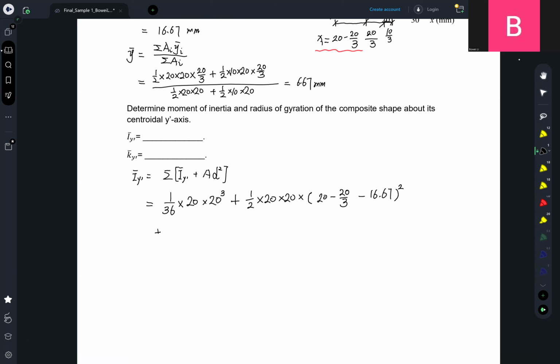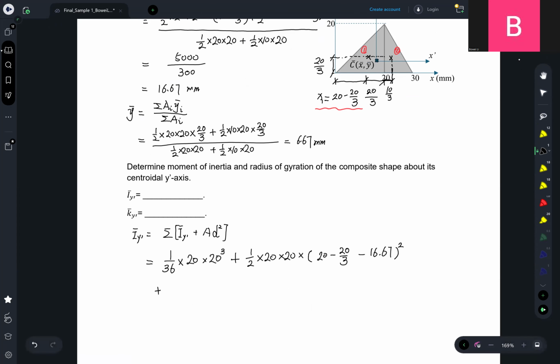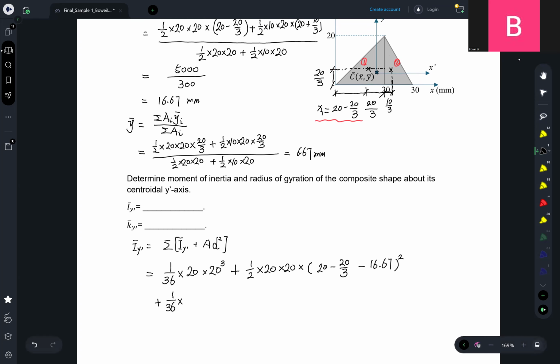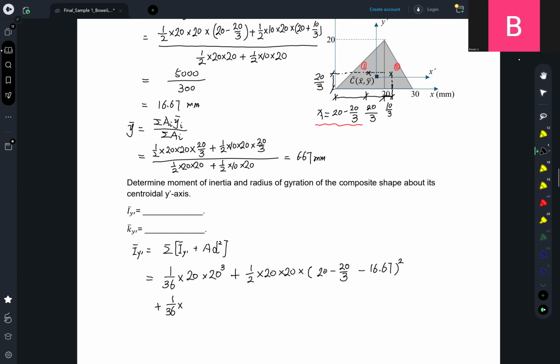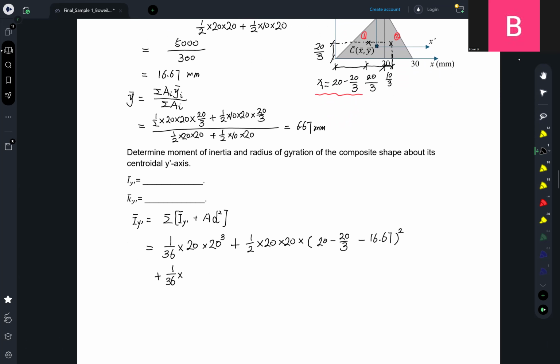So plus what? We're also going to include the moment of inertia of the second area, right? So again, it is 1 over 32 times, first, the length of the side that is parallel to y prime, so it is actually 20, and then times the length of the side that is perpendicular to y prime, which is actually 10.